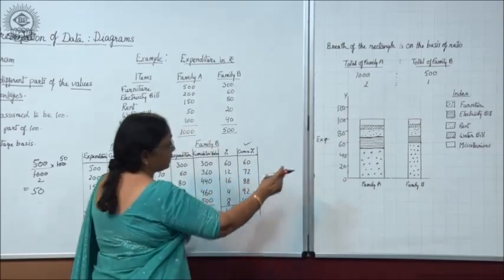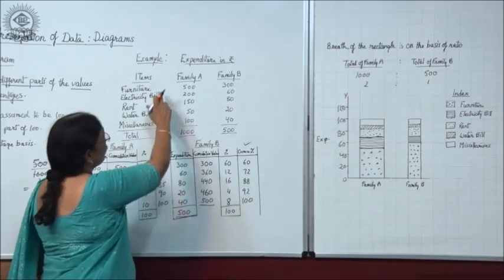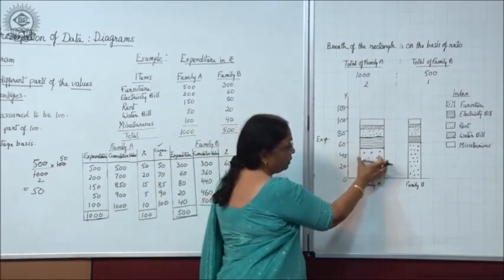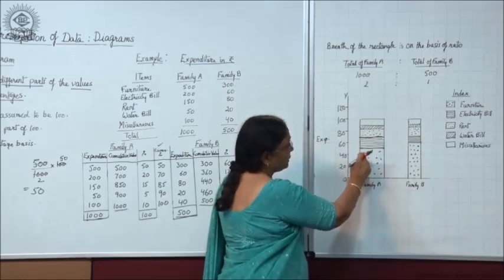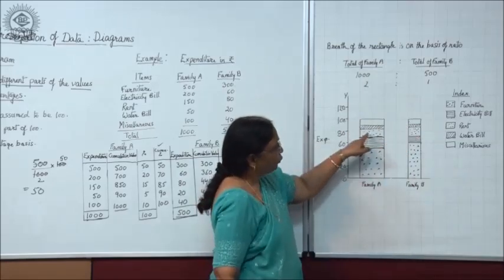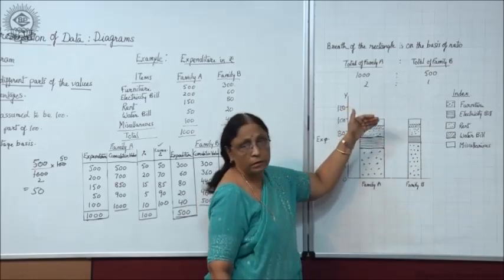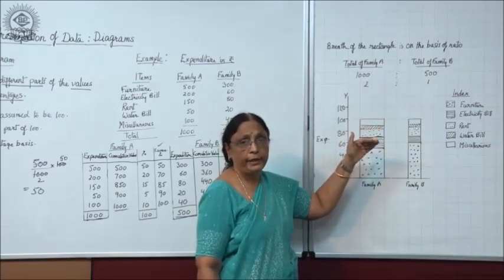Now in the first case here, this 50 cumulative percentage was for furniture, that is 500. So this first division is for furniture as it is shown in the index. Second is for electricity bill as shown here. Third is for rent. Fourth is for water bill, and the last one is for miscellaneous, right?